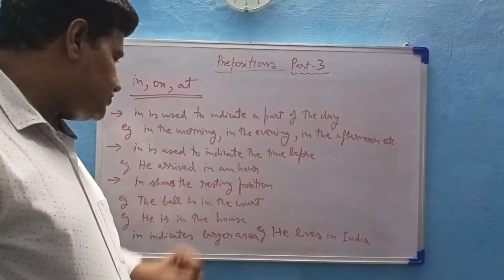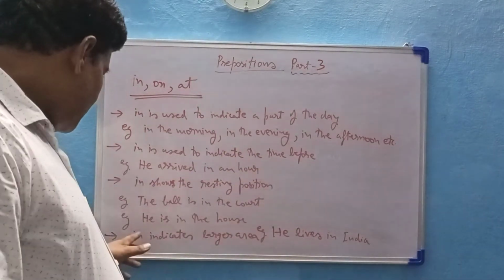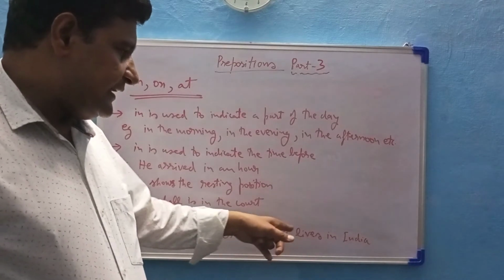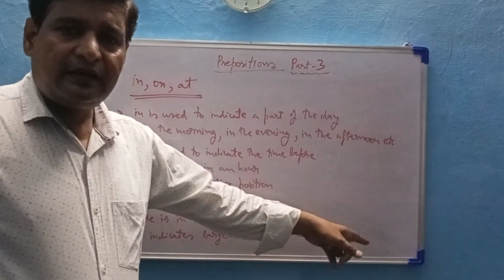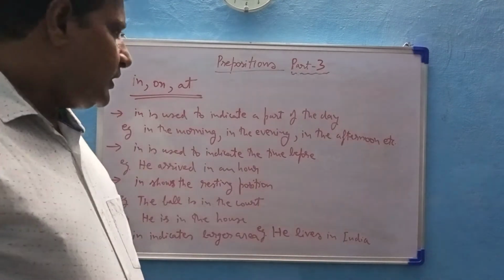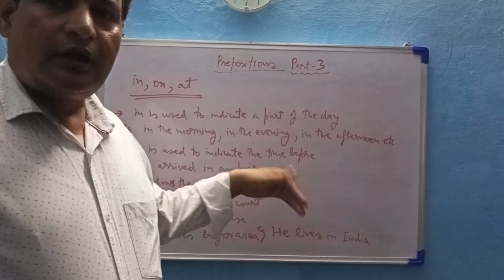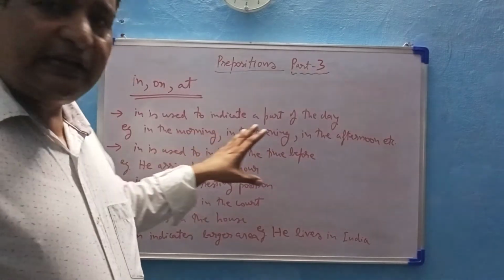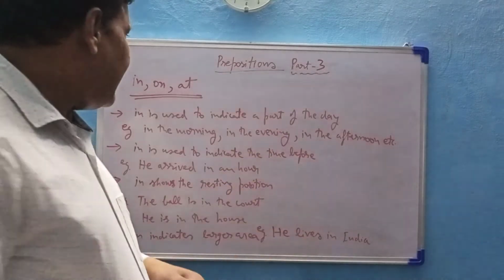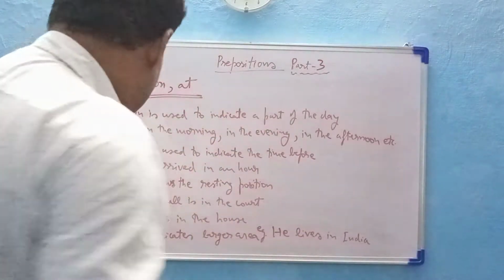He is in the house. Resting position is simply the presence. In also indicates larger areas. He lives in India. So if it's a big place, we will use in. I hope you have understood the uses of the preposition in. Now let us understand the uses of at.